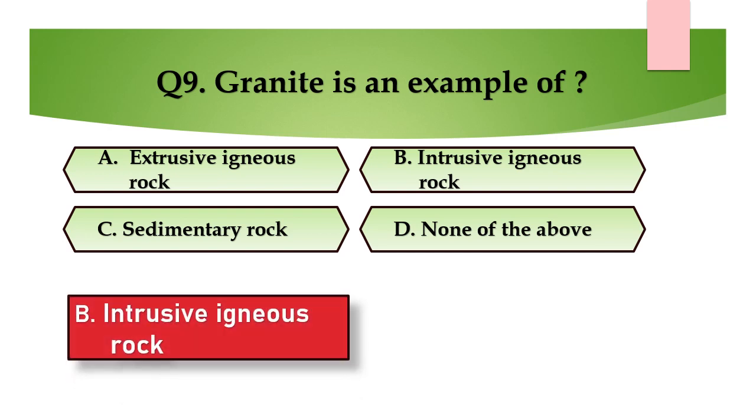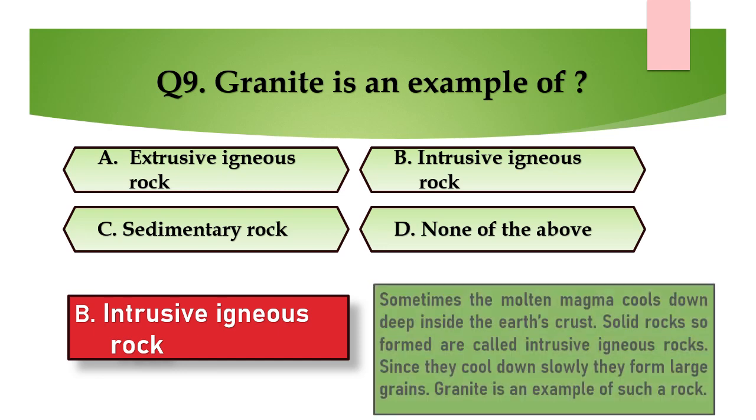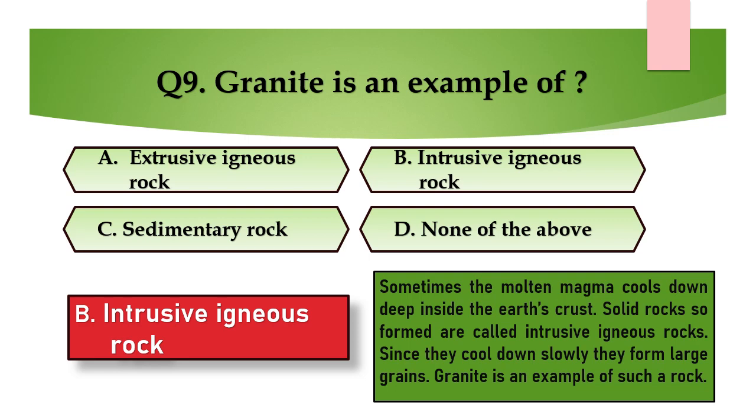Answer is B. Intrusive igneous rock. Sometimes the molten magma cools down deep inside the Earth's crust. Solid rocks so formed are called intrusive igneous rocks. Since they cool down slowly, they form large grains. Granite is an example of such a rock.